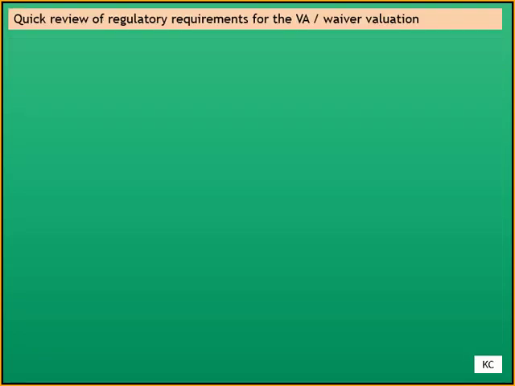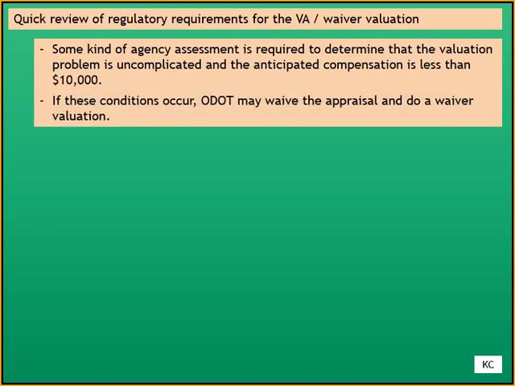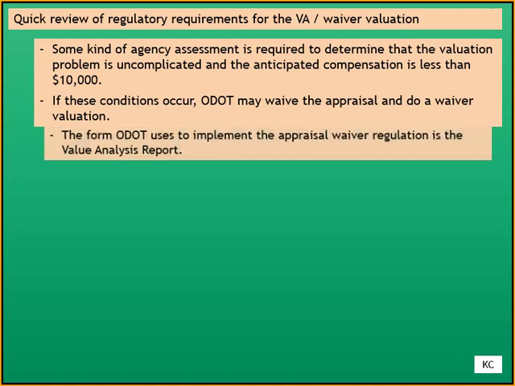All right, quick review of the regulatory requirements for the waiver valuation. Some kind of agency assessment is required to determine that the valuation problem is uncomplicated and the anticipated compensation is less than $10,000. And if these conditions occur, ODOT may waive the appraisal and do a waiver valuation.